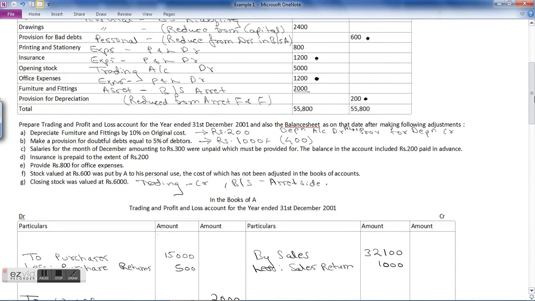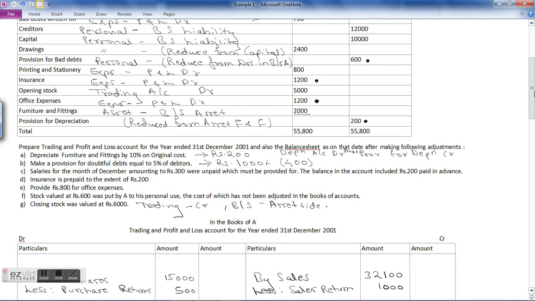provision for bad debts. Okay, so you have to reduce it from debtors in balance sheet assets side, and there is one dot near provision for bad debts, so there is one adjustment also. So we'll leave one line there also for adjustment. Provision for bad debts, balance sheet asset side.